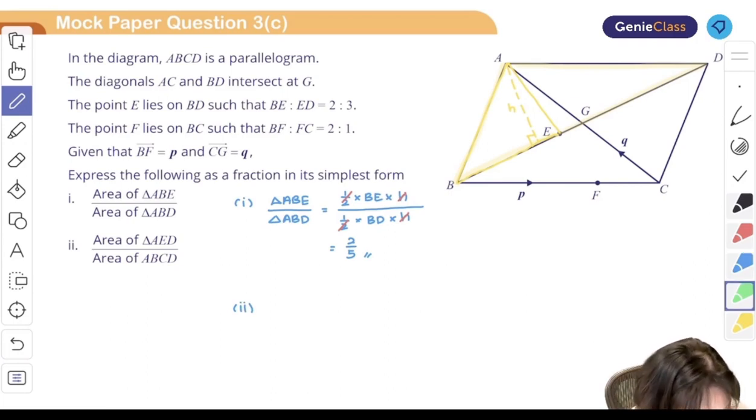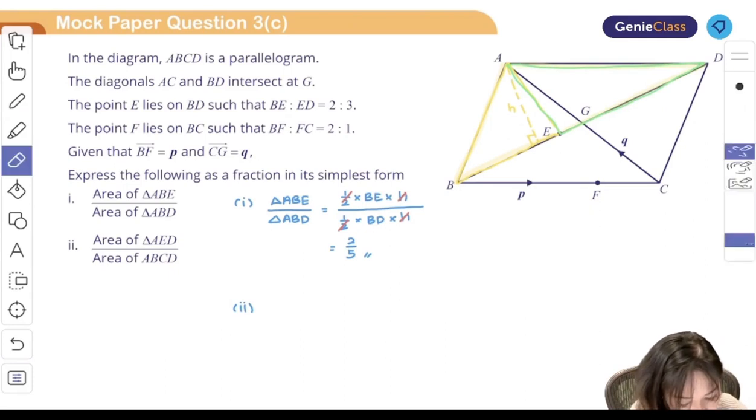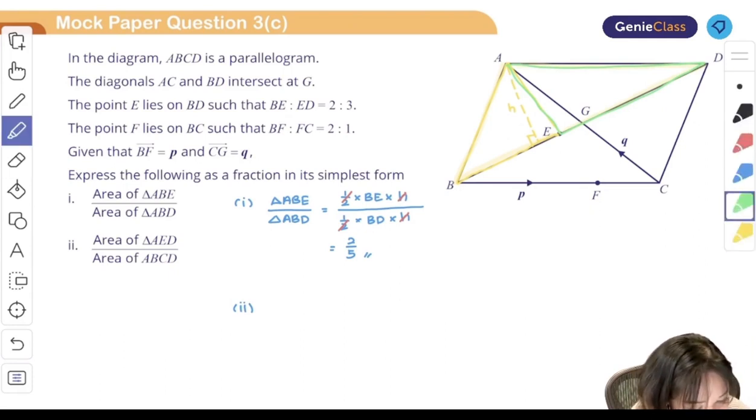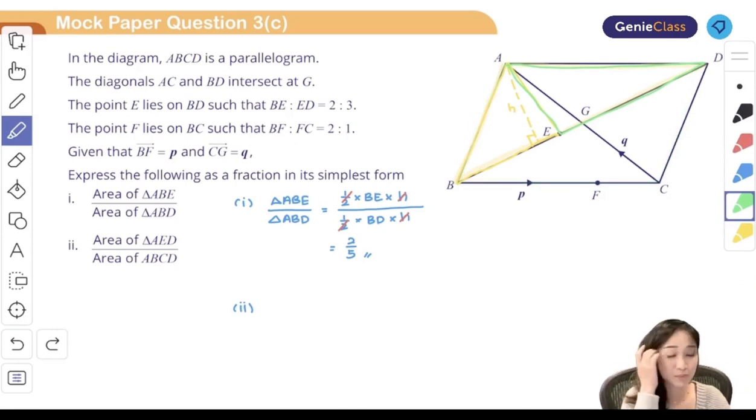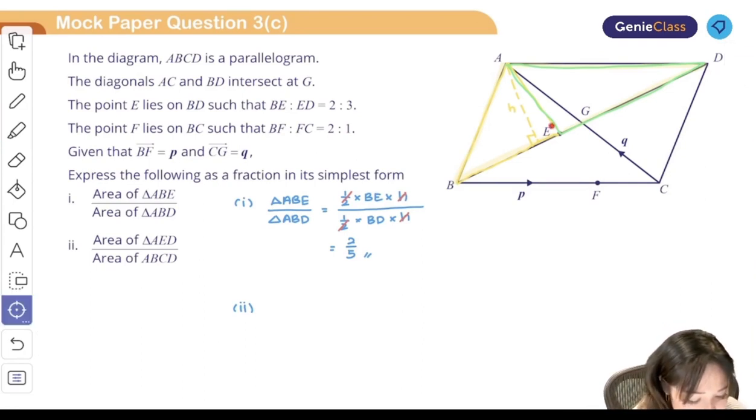So this time it's the other side, AED over ABCD. Again, are these two shapes similar? These two shapes are obviously not similar because one is a triangle and one is a parallelogram. But what do we know? We realize that AED and ABE form half of this parallelogram.